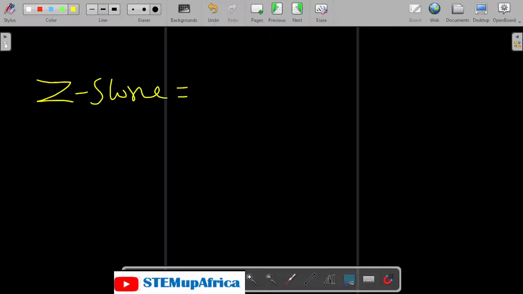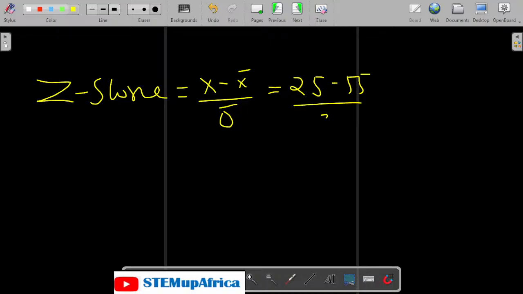So the Z score now, as we said earlier, is x minus x bar over standard deviation. So I have 25 minus 55 divided by 21. That will give us minus 30 divided by 21. What are we having? 30 divided by 21. That will give us a minus 1.43.